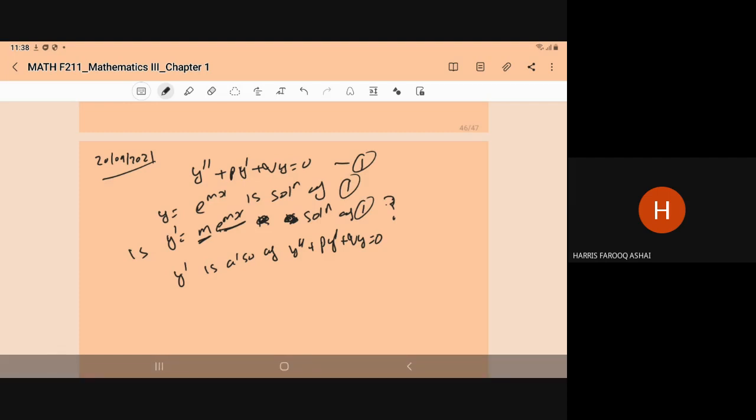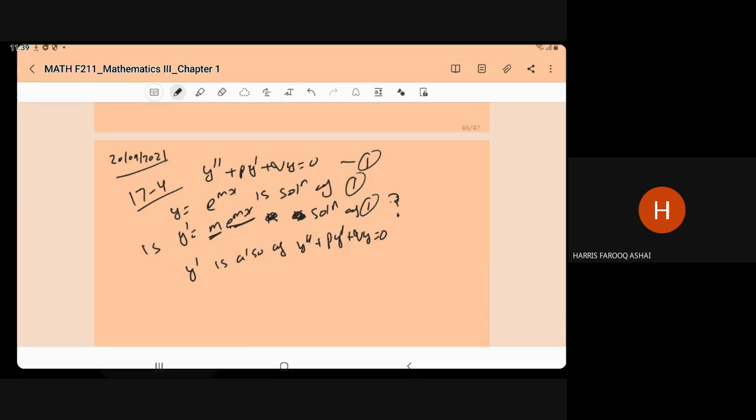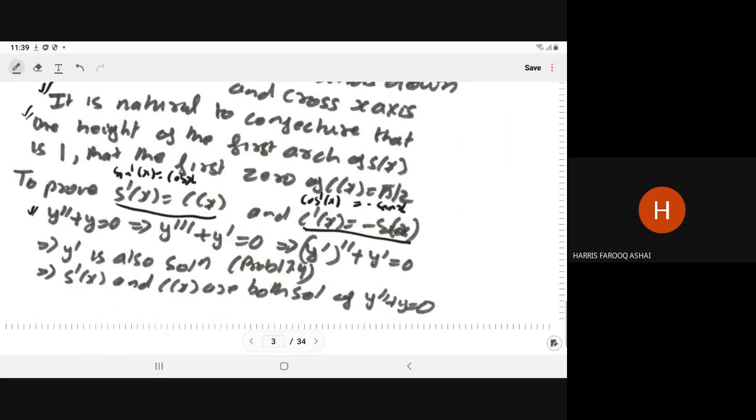It is question number 17.4, section 17, question number 4. So y triple dash can be written as y dash double dash plus y dash is equal to 0. So y dash is also a solution.